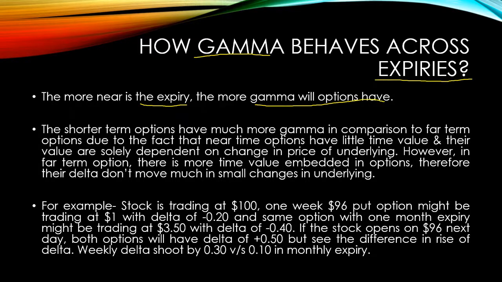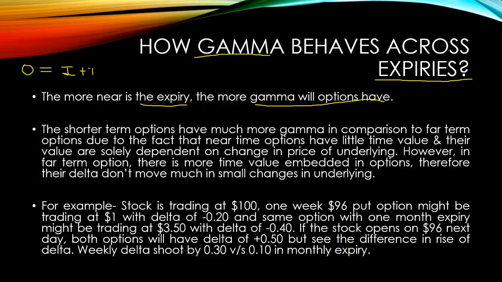How is it so? If you have studied options, option value has two components. One is intrinsic value, that is how much the option is in the money, out of the money, or at the money, and the other is time value.